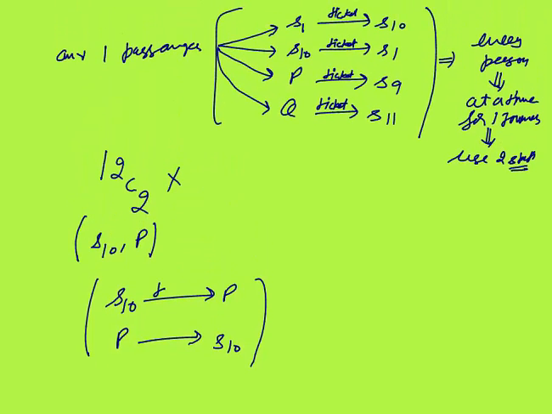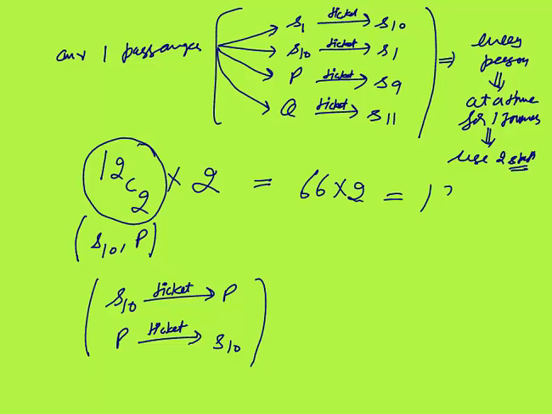For that many selections, we multiply by 2. That is, 12C2 is 66, into 2, 132 tickets should be printed.